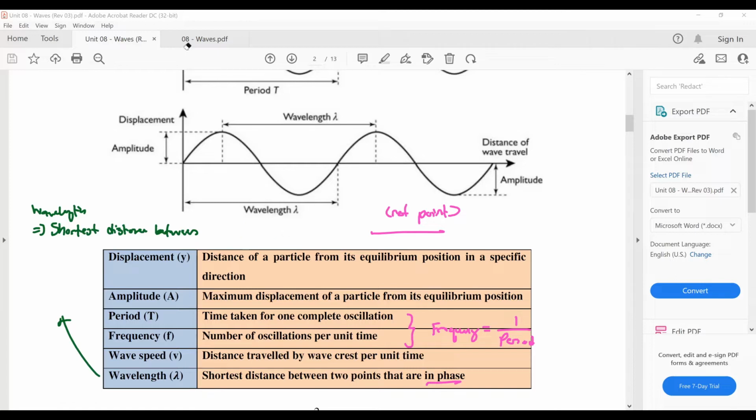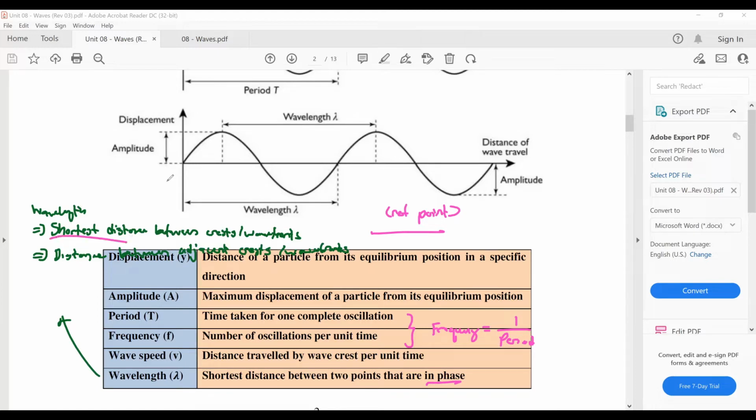You can just write it as the shortest distance between crests or wavefronts. It can also be the distance between adjacent crests or wavefronts.